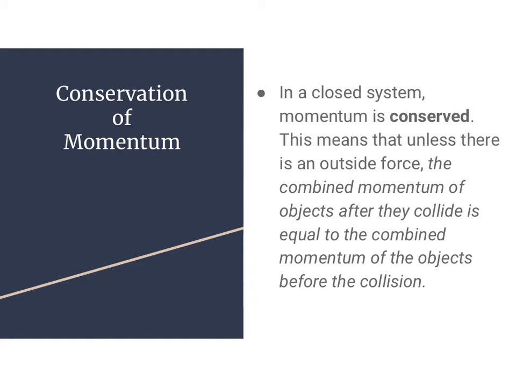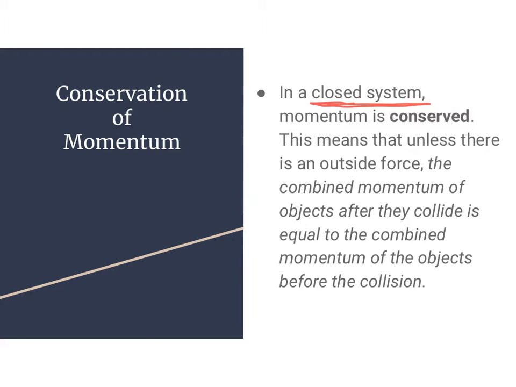Momentum, like energy, as we'll see later, and some other quantities in nature, is a conserved quantity. What that means is that in a closed system, one where no outside forces are acting on it, and we talked in our system schemas about internal and external forces, there are no external forces.